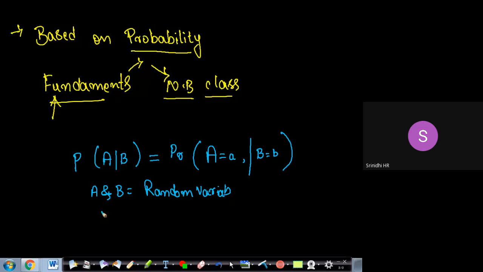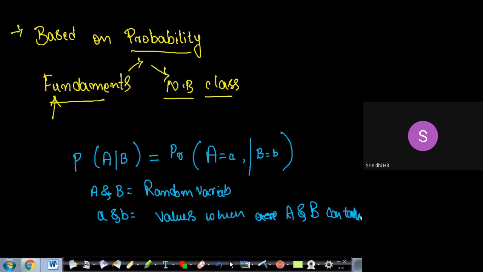My small a and small b are the values which your A and B can take. You can write it down like this.